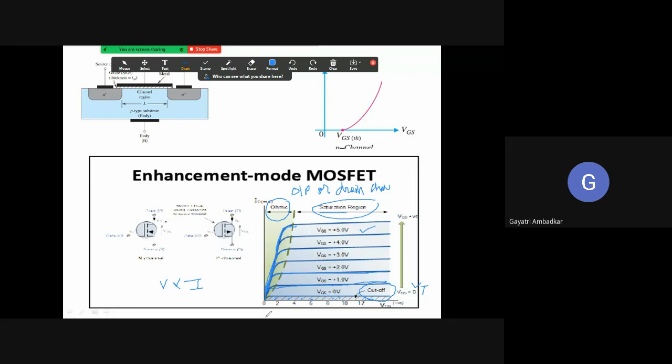Yes, Prathamesh. Ma'am, cutoff region, saturation region, and ohmic region. Very good, Prathamesh. This is cutoff, this is saturation, and this is ohmic. Next question. Which region is called the ohmic region on the VI characteristics of the MOSFET? Anyone else? Which region should be called the ohmic region? Please don't waste time. Quick.